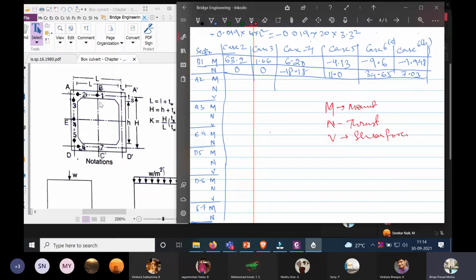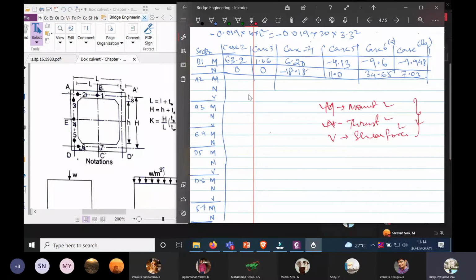So here in section B1, in section E4 and in section C7, we will be only having the calculation of moments. And in the rest of the sections, that is A2, A3, D5 and D6, we will have all the three components, that is the moments, the thrust and the shear force.